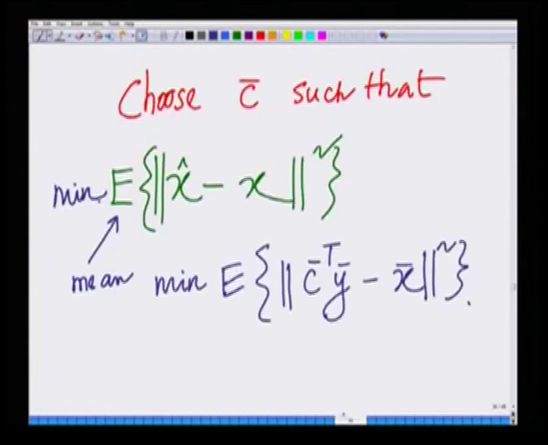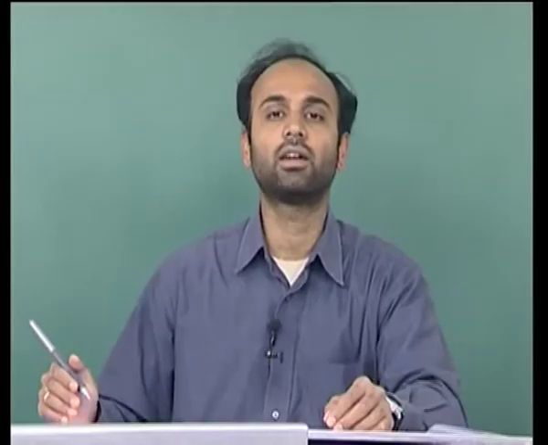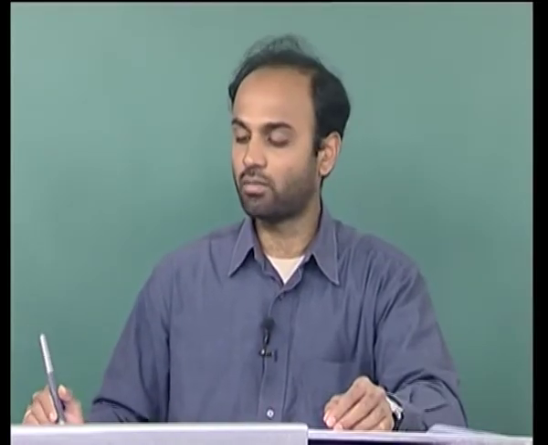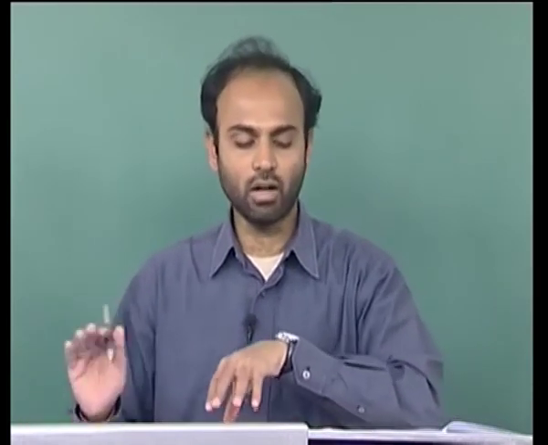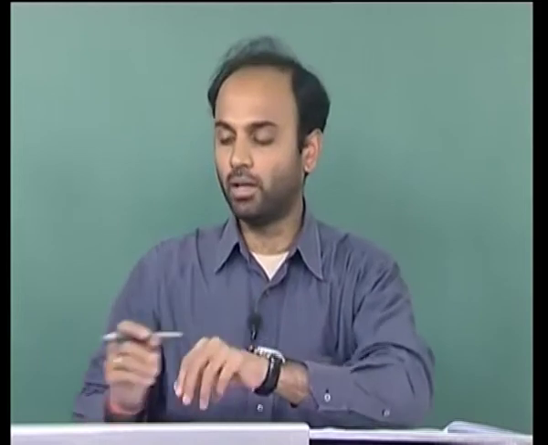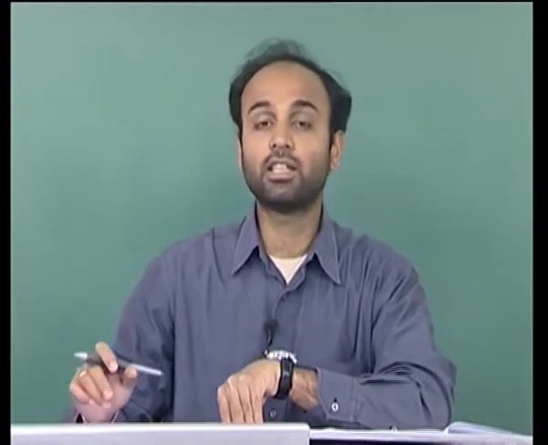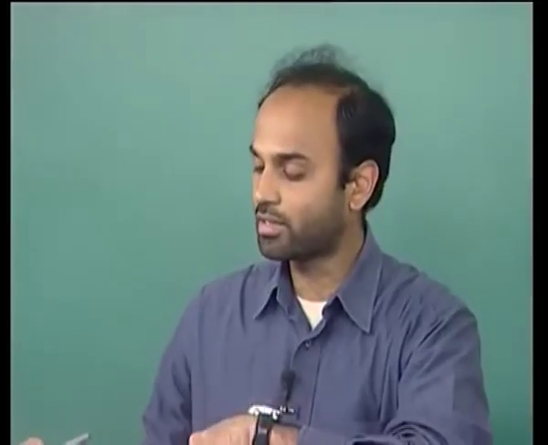Let me make this x, because right now we are not considering a vector, although it can very naturally and trivially be extended to the case of a vector. To limit the complexity, I will only consider estimation of a scalar quantity from a vector in this case.